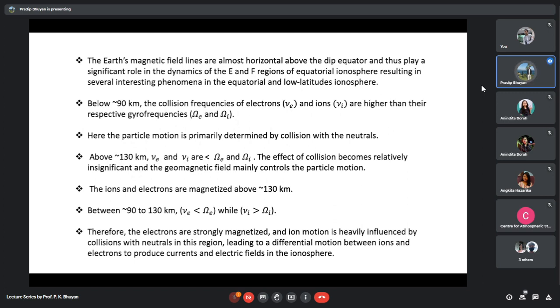But as you go slightly higher up to the F1 region, 40 kilometers above, you do not have these collisions controlling the particle motion. The particle motion here is controlled mainly by the geomagnetic field. Okay, so the ions and electrons are magnetized above 130 kilometer.